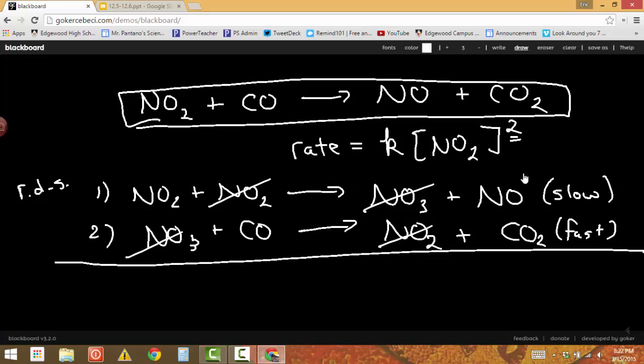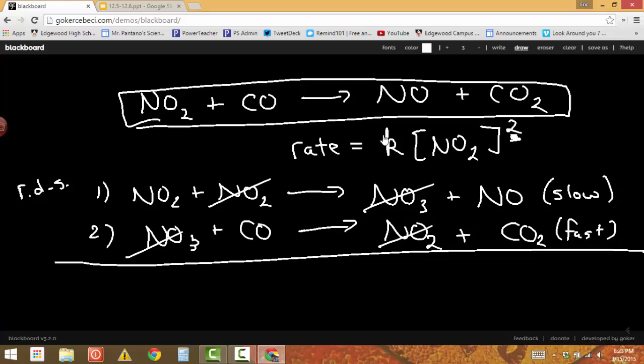Now, if the rate determining step is what determines the entire rate law, then the rate determining step has to jive with our rate law for this reaction that we've experimentally observed, that we've calculated the way we learned how to do, right? Well, the 2 up here tells me that there are 2 molecules of NO2 colliding with each other. NO2 squared, there's my 2 NO2s.